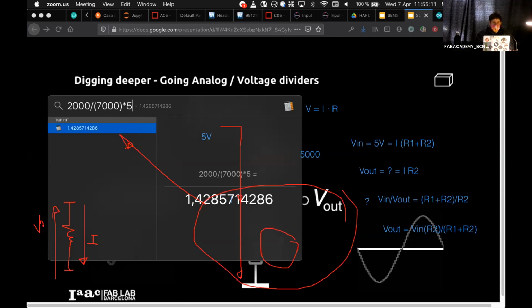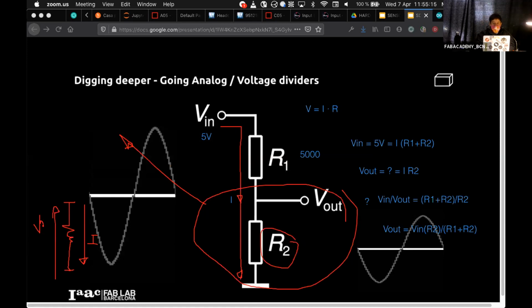So this means now, as you rightly guessed, that if I have a sensor that gives me 5 volts, and you will find a lot of them, for instance, there's one very common sensor called DHT11 that gives from 0 to 5. And you very likely have built a board already that has an ESP32. You will have to use a circuit like this one to be able to put that signal into the board.